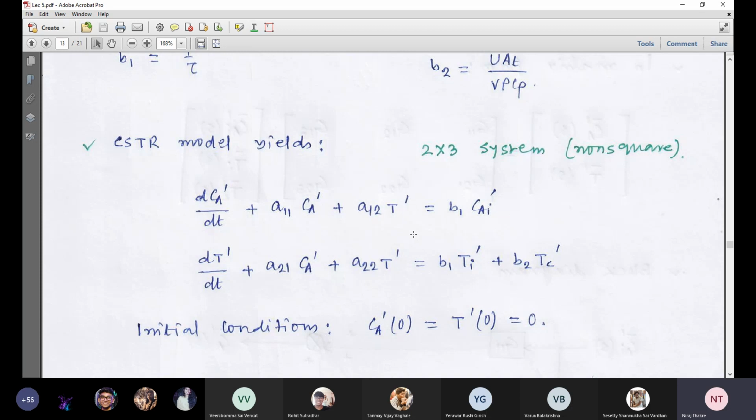Is this fine? And as I mentioned, you see here also input variables are in terms of deviation variables.